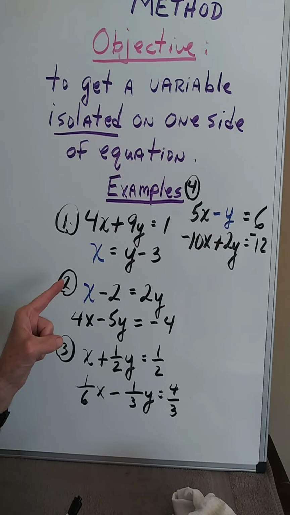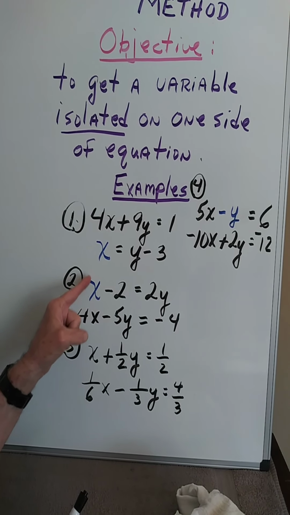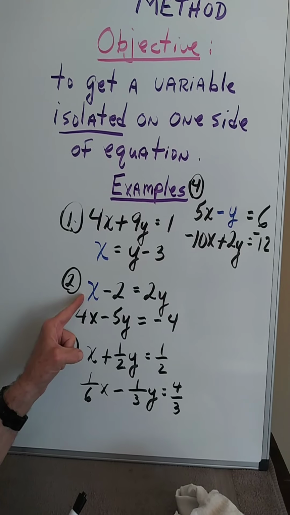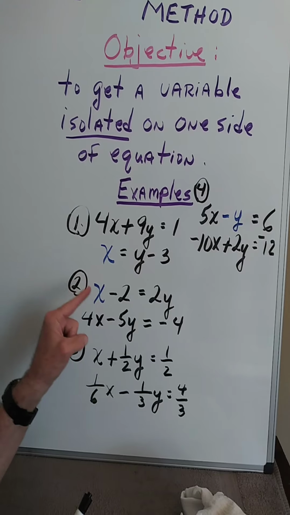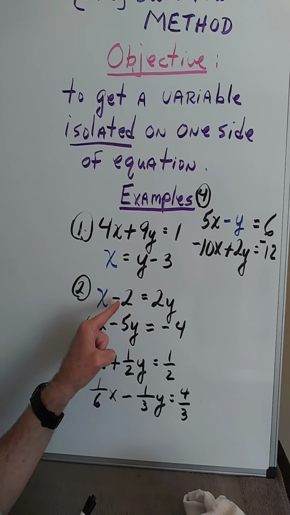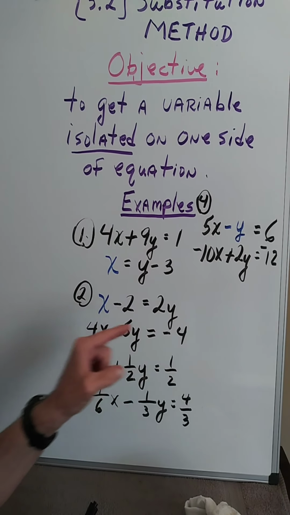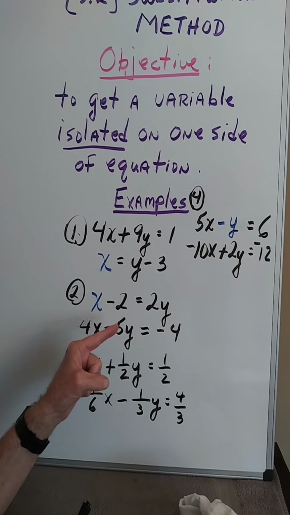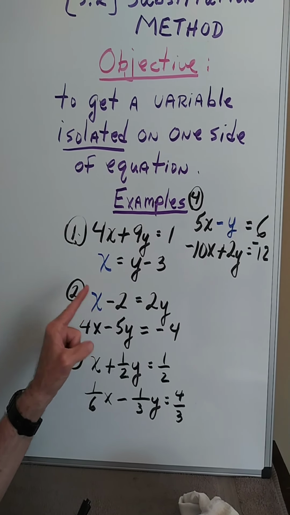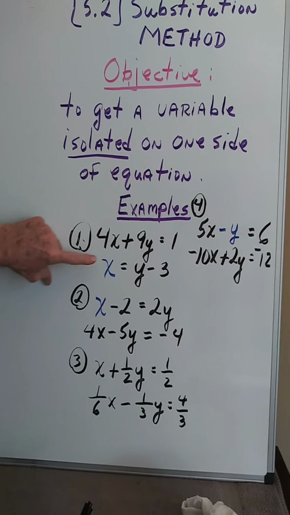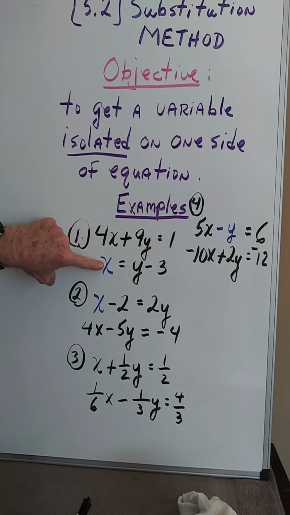Notice that the variable x in the top equation has a coefficient of 1. Now that variable x is not alone yet, but we can get it alone by simply taking that negative 2 and moving it over to the other side. And when it moves over, we'll have a situation where the x is alone on one side, just like the x was already alone on one side here.